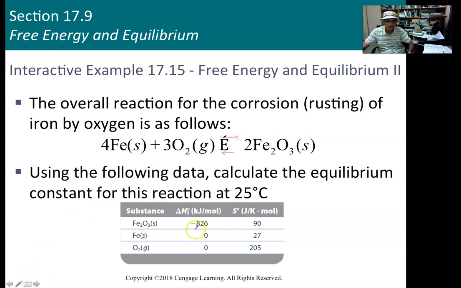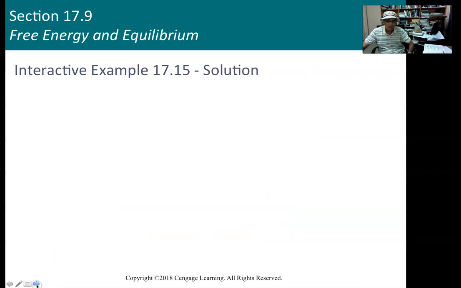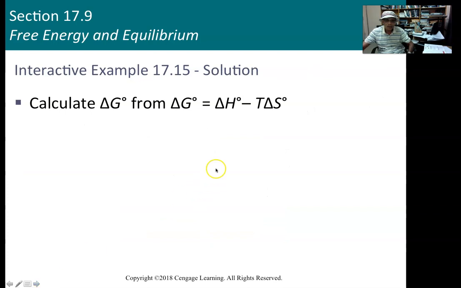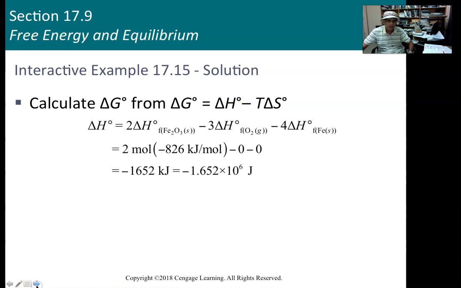Using the following data, calculate the equilibrium constant. You're given the enthalpy of formation values and the standard entropy values in the book. Now you can use this equation to find the value of the standard free energy change. We substitute in the values for the enthalpy, and then do the same for the entropy.